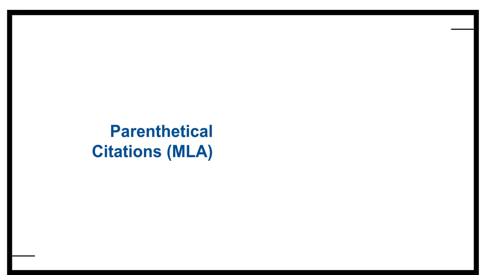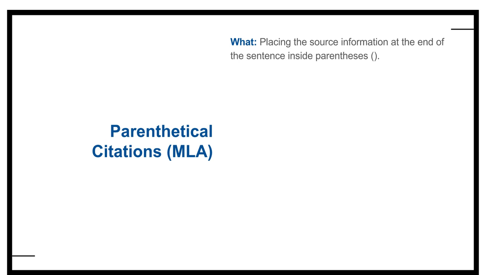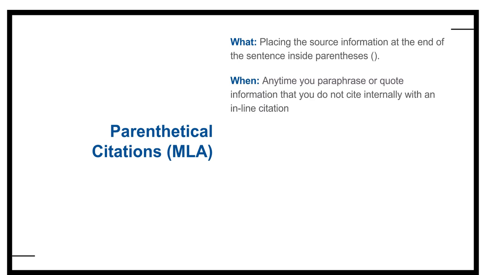So, let's talk about parenthetical citations. This is when you place all the source information at the end of the sentence inside parentheses, hence parenthetical. You do this anytime you paraphrase or quote information that you're not citing with an inline citation. So if you cannot cite it by inline, you have to cite it parenthetically.